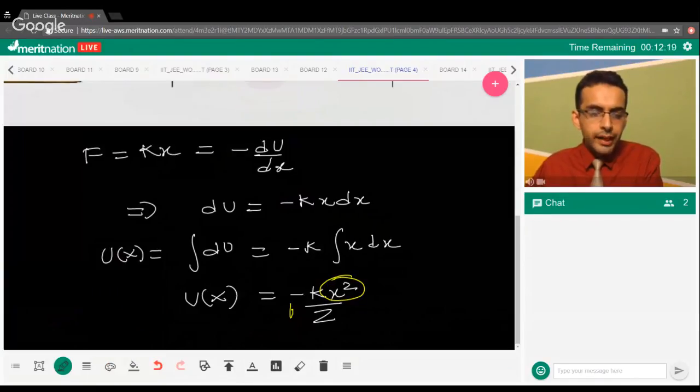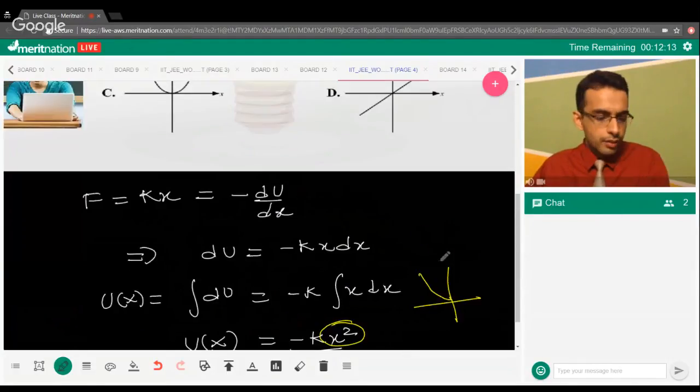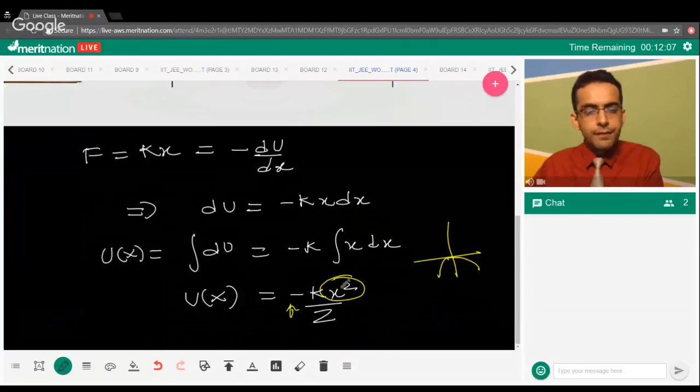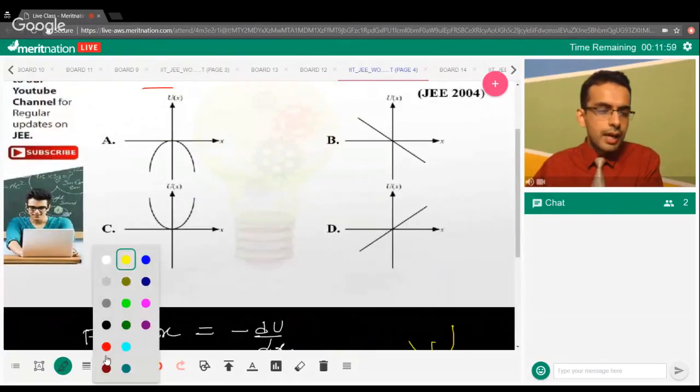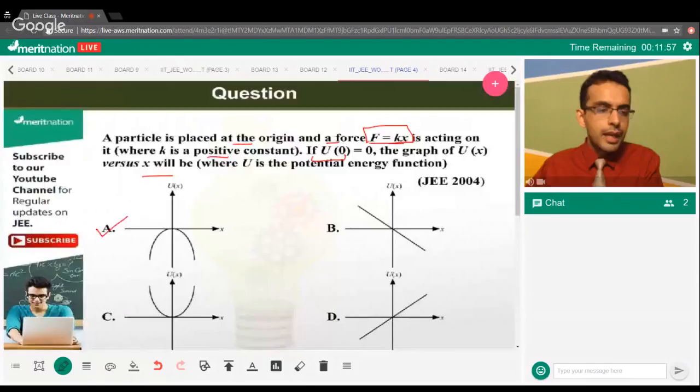But due to the negative sign, it should be an inverted parabola. If it were positive, the graph would be like the other way. So in this case, the correct option is A.